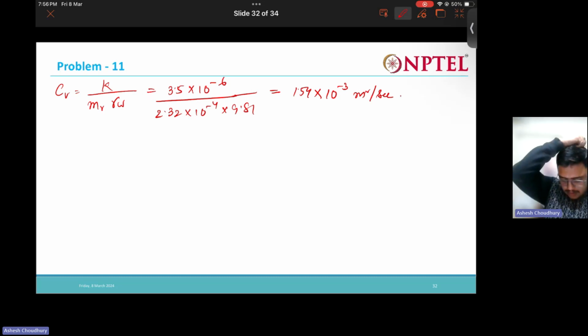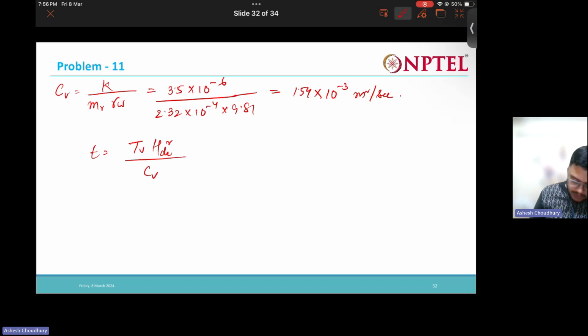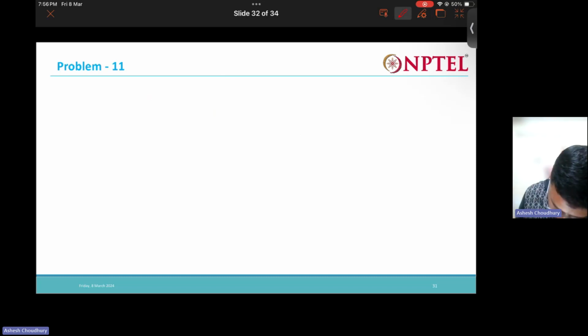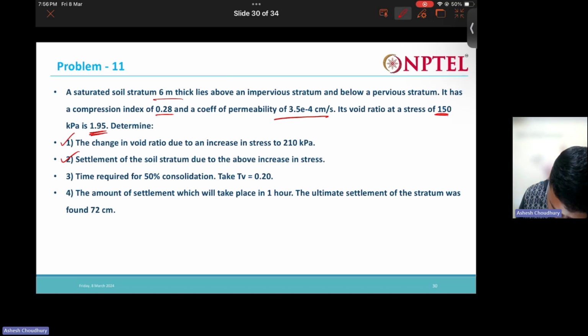All right, so now you have everything. So T we have TV HDR square by CV. TV is 0.2 into HDR. It is a single drainage case.